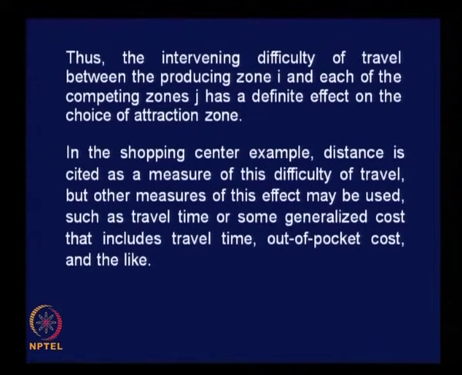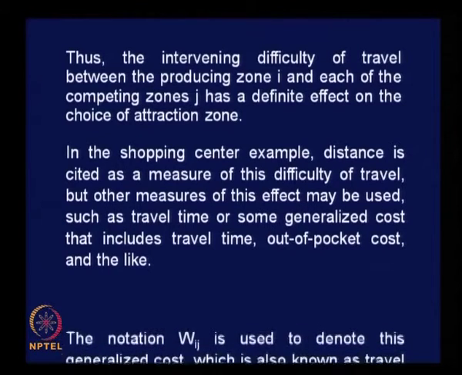In the shopping center example, distance is cited as a measure of this difficulty of travel, but other measures of this effect may be used, such as travel time or some generalized cost that includes travel time, out of pocket cost and the like. You may not have to consider only distance or only travel time, you can have a combination of factors and put them all together and give some name for that and use that as a factor influencing trip distribution.